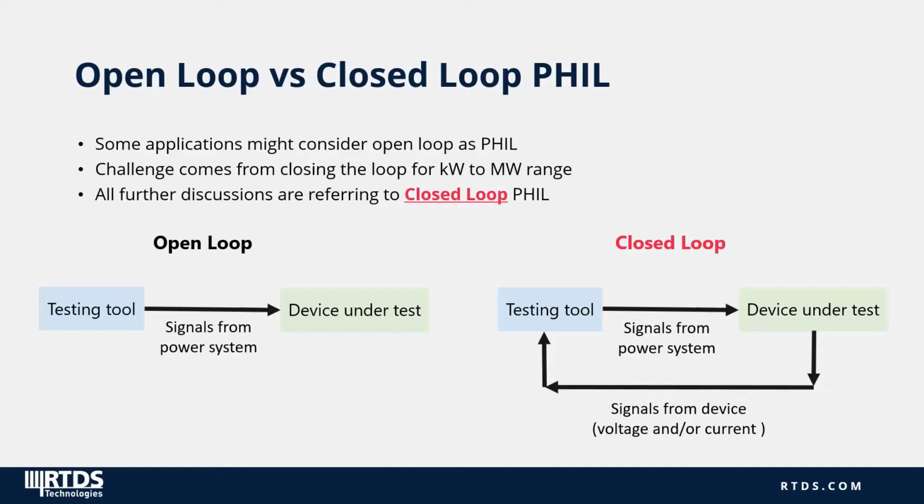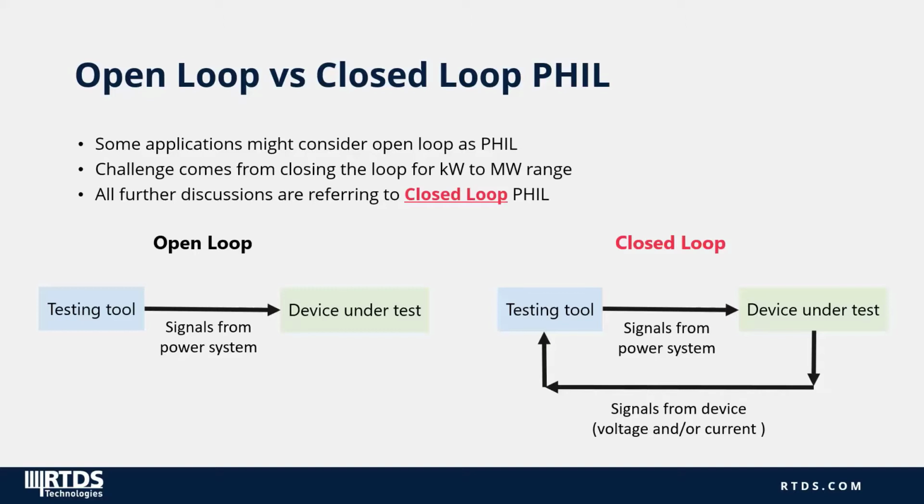This means that the influence is only traveling in one direction, meaning the RTDS is only able to influence the behavior of the device under test, and since there's no feedback in the open loop configuration, the device under test isn't able to influence or impact the simulation happening in the RTDS.